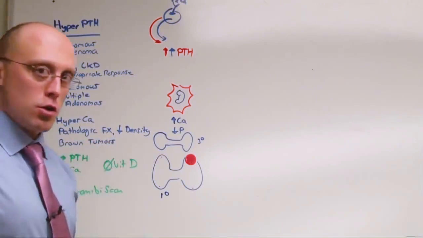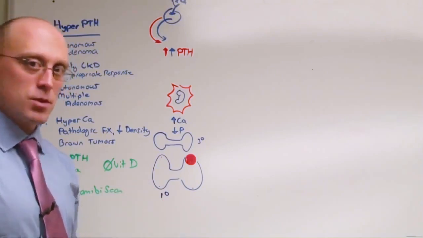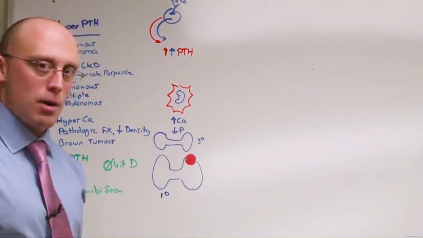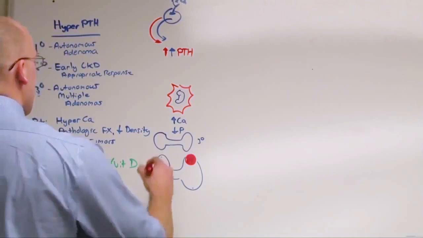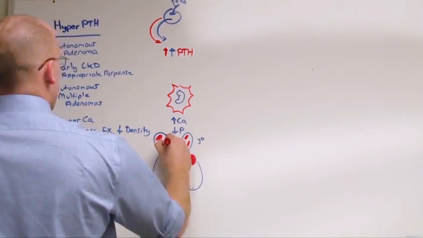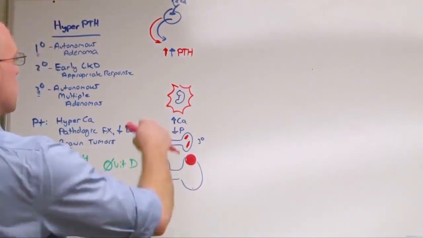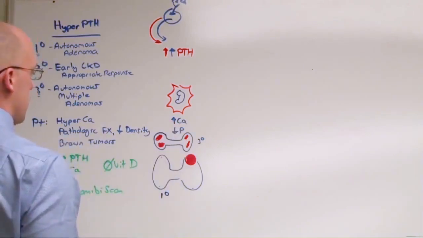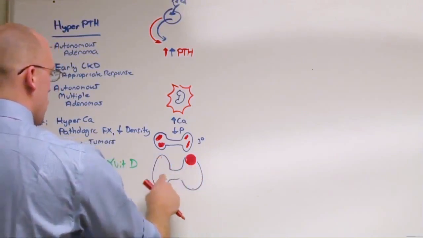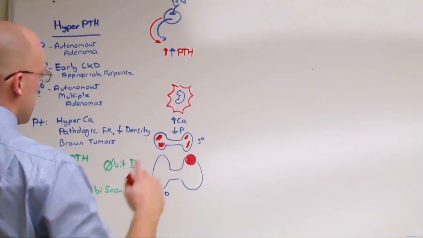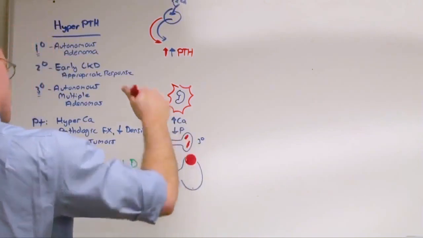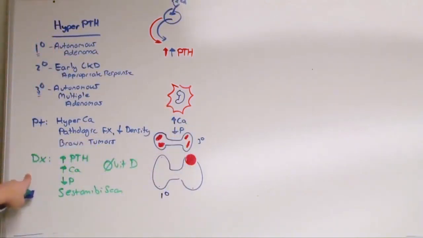But long-term, constant stimulation of parathyroid hormone leads to tertiary hyperparathyroidism, where you have multiple areas that secrete parathyroid hormone because they're so used to doing it. So the sestamibi scan that shows you a single adenoma with multiple small atrophied parathyroid glands, primary. If you look at a sestamibi scan and see a whole bunch of lots of big adenomas, that's tertiary.